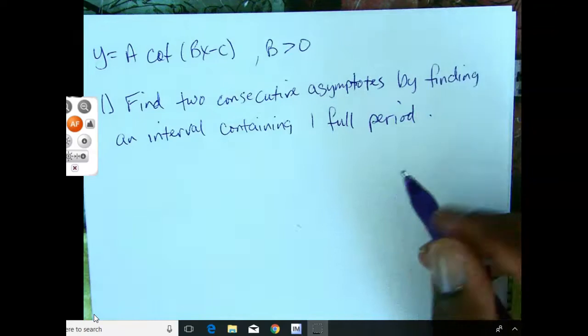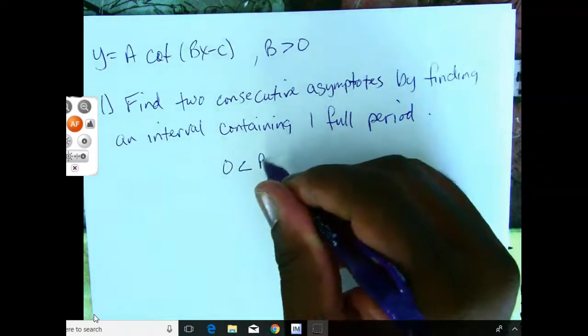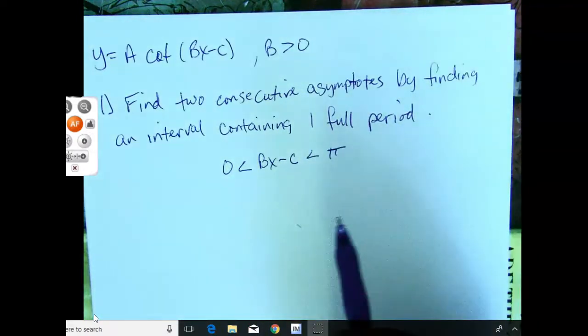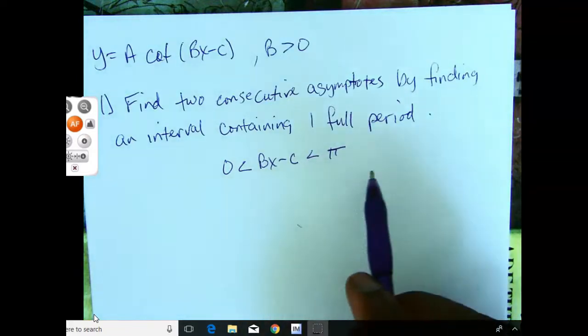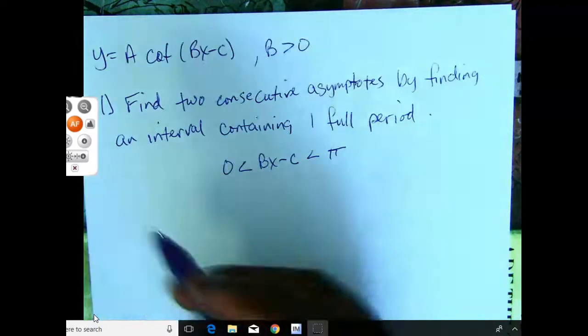The way we're going to do that is we're going to set 0 less than bx minus c less than pi. Whereas for tangent, it was negative pi over 2 less than bx minus c less than pi over 2. We're going to solve that for x.